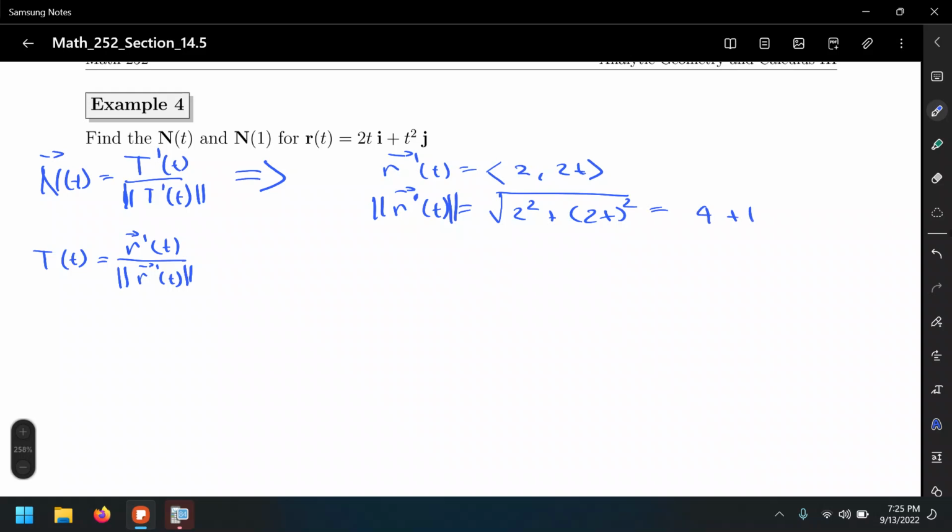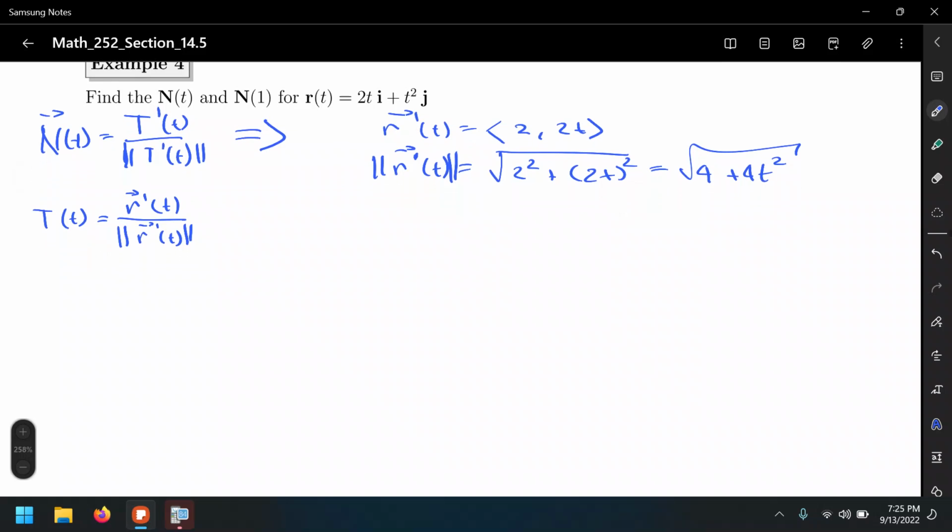So that's 4 plus 4t squared under the radical. Now let's define the tangential. That's going to be the derivative of the vector valued function, which is 2 comma negative 2t, divided by this magnitude right here. You might want to simplify this expression, because there's a common factor of 4, and we can take out a 2.